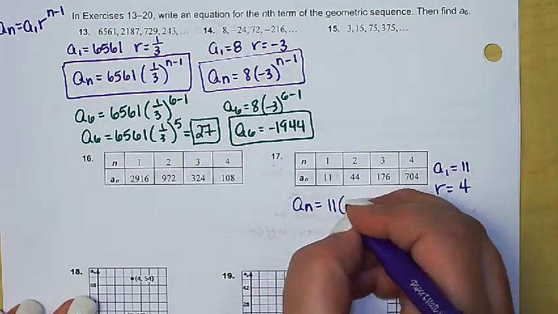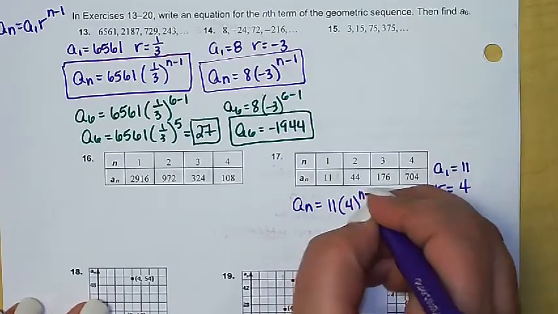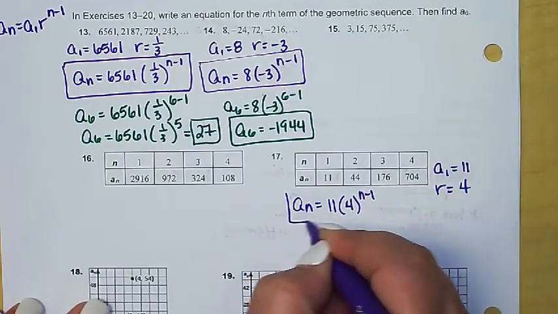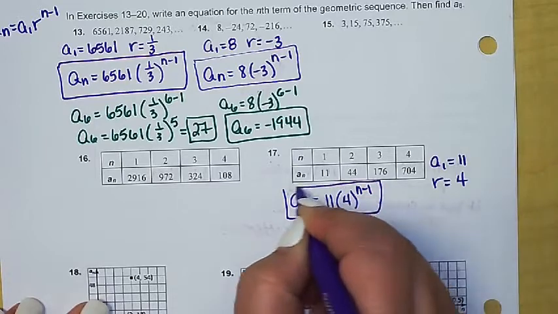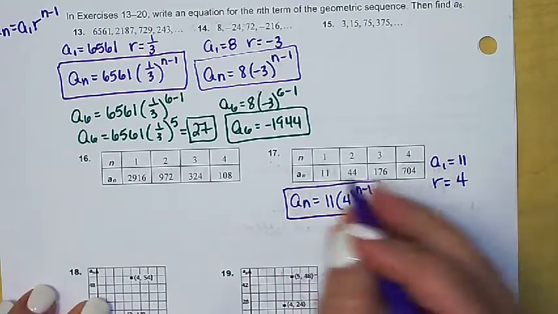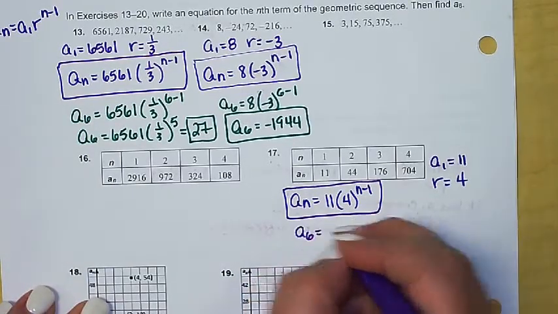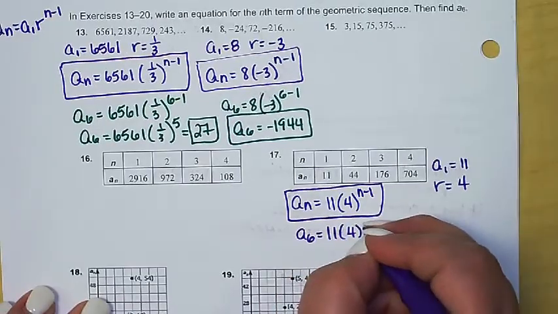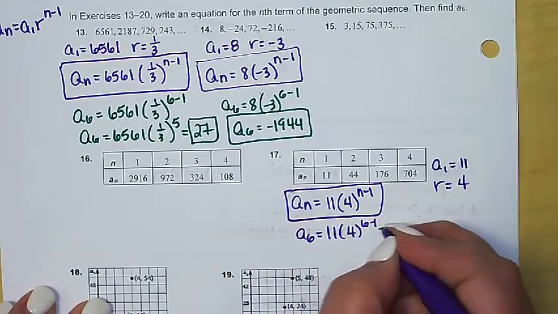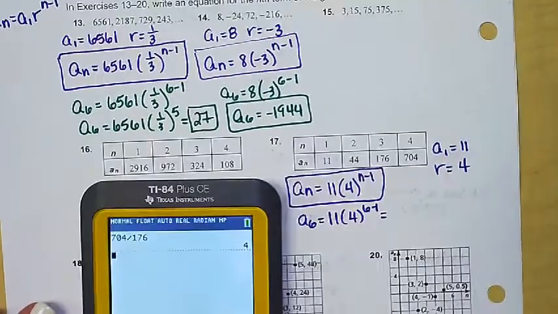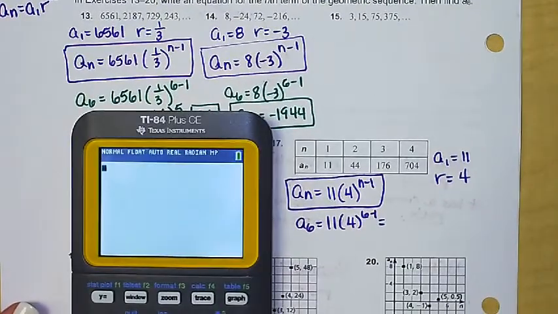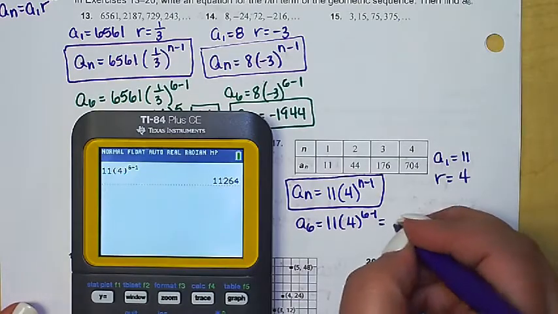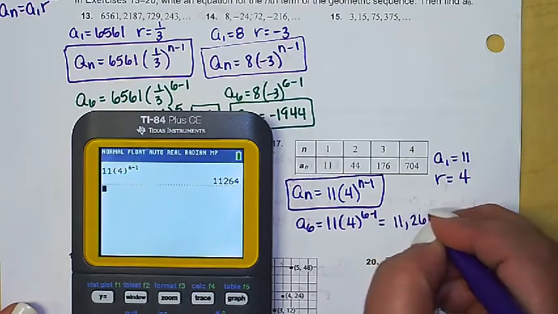So there's our first term, there's our common ratio, and n minus 1. Those are the only ingredients I needed to come up with our nth term equation. And then if we want the sixth term, we just plug that in there and evaluate. Let's see what we get. We do 11, 4 is our base. We're raising this to the 6 minus 1, or if you already know that's 5, that's fine too. You should indeed get 11,264.